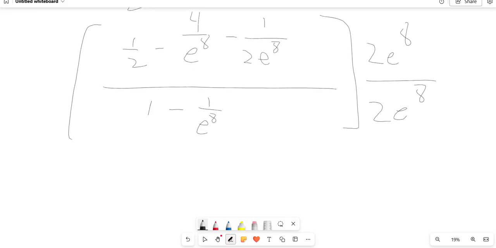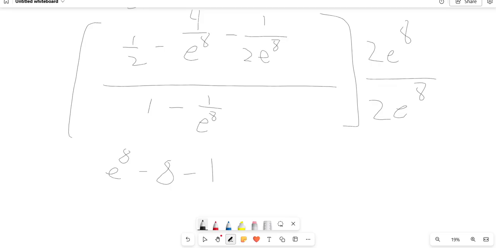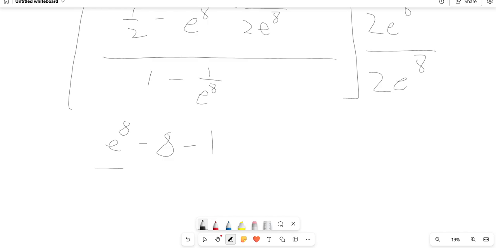And if we do that, we get e to the 8 minus 8 minus 1, all divided by 2 e to the 8 minus 2.